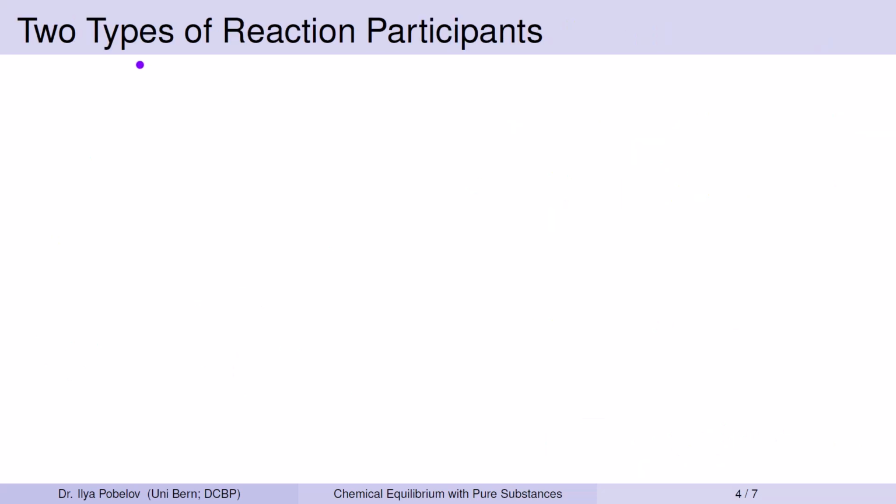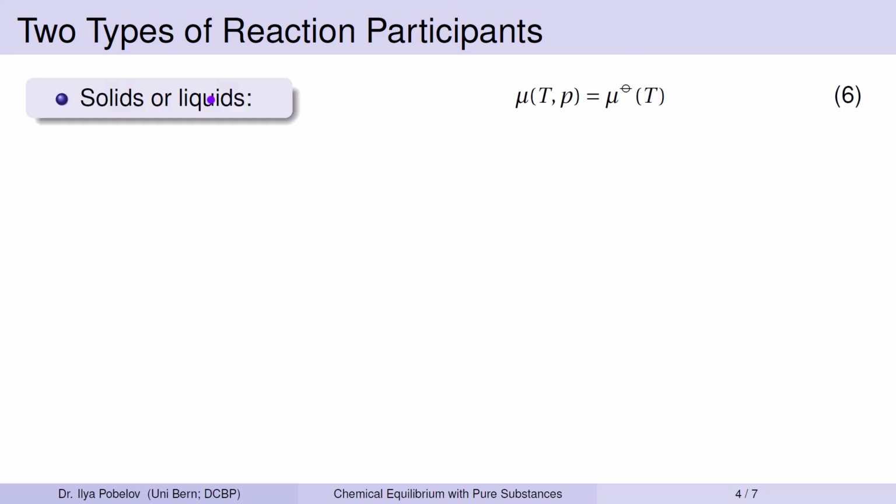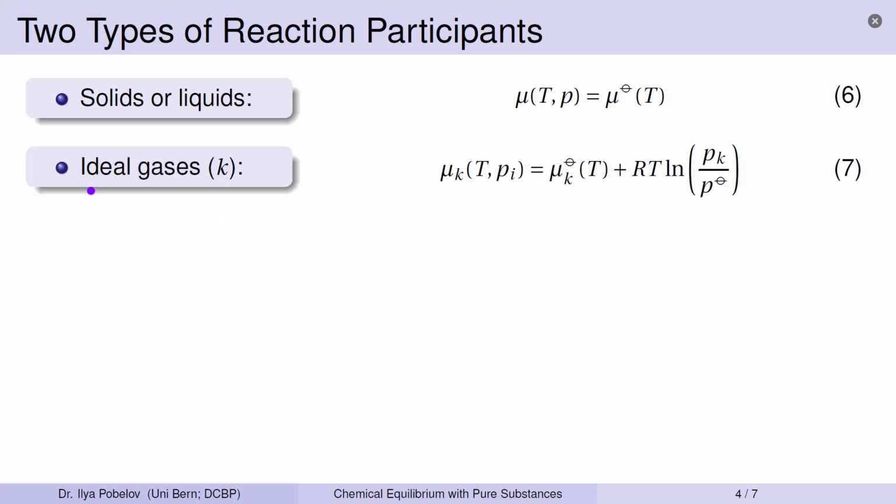In our discussion of chemical equilibrium, we will focus on two idealized types of reaction participants. The chemical potential of pure solids or liquids can be assumed to be equal to the standard chemical potential at the given temperature. For ideal gases, the chemical potential is influenced by temperature and own partial pressure, as we had discussed before. We will denote ideal gases among the reaction participants with the index K.